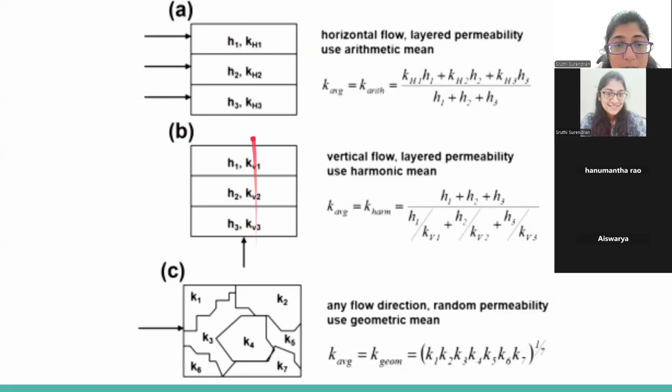But if the flow is happening in this direction, then you calculate the average permeability in this way. That is, H1, H2, H3 are the thicknesses, K1, K2, K3 are the permeabilities. Now suppose you have random flow, then you have to use the geometric method to calculate the permeability.